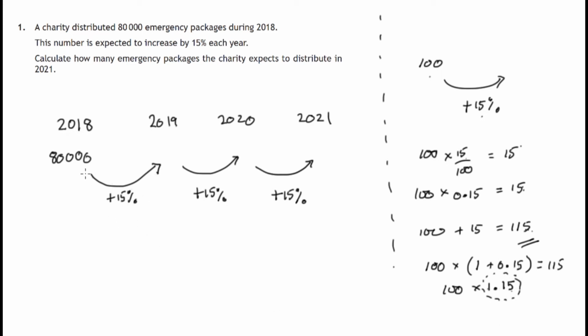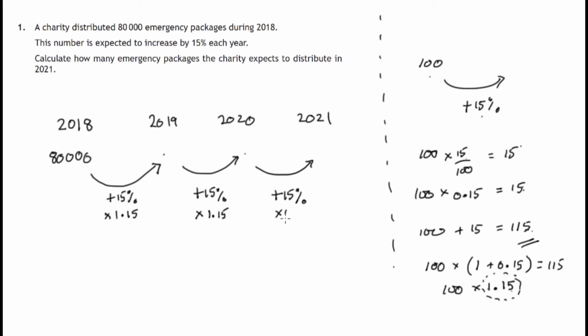So to add 15% on to 80,000, we would multiply it by 1.15. And similarly, whatever we get for that year, we multiply that by 1.15. Take the whole of it times 1, and then 15% of it, that's the 0.15. And that would give us the amount for 2020.